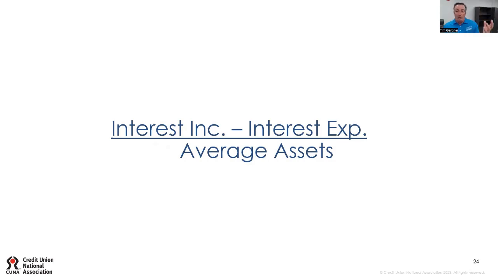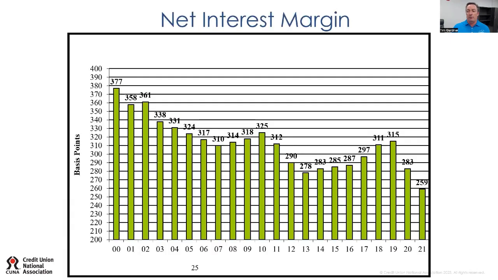So what am I making on loans and investments minus what I'm paying on my cost of funds, my COF, and interest income, loans and investments, is also referred to as yield on assets, YOA. So I got YOA, interest income, yield on assets, minus interest expense, also known as cost of funds, COF. And the difference between those two is a net interest margin.